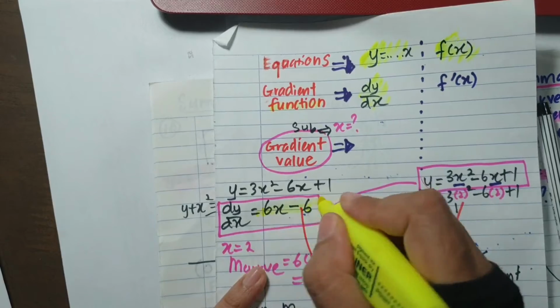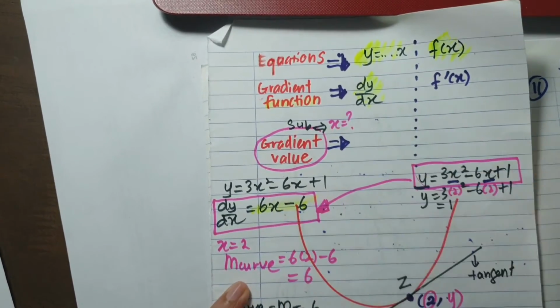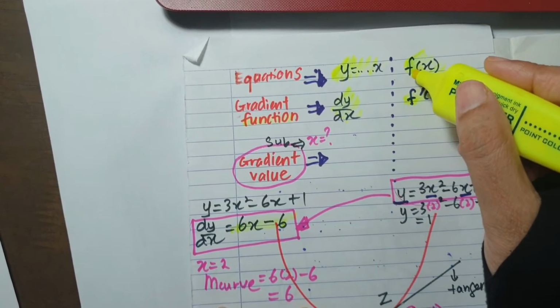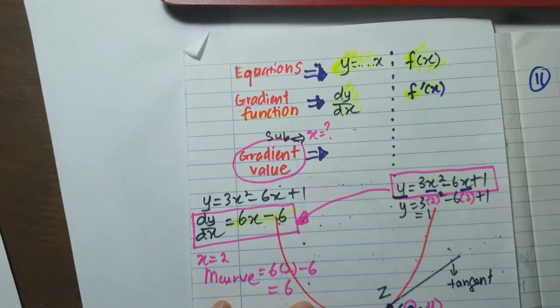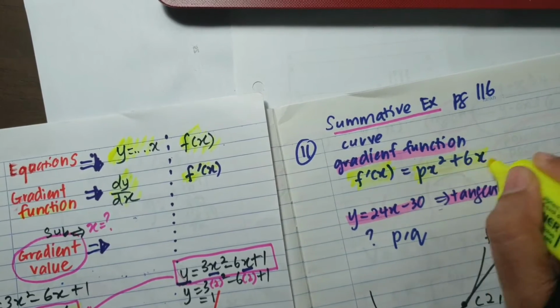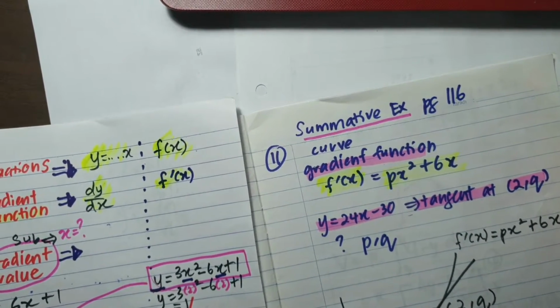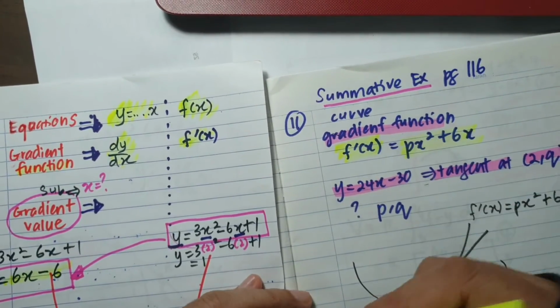You can see this one is in terms of x, right? Okay, and then if your equation is fx as the subject, your gradient function is f prime x. Okay, like this question. So this is actually your gradient function, meaning you can find fx, okay, from the gradient function of the curve.